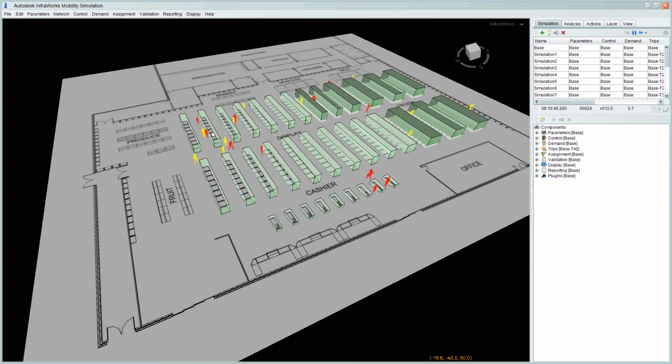You can see here where we have areas where there's not enough space for all those people to file through, and they have to negotiate their way around that. We'll get more and more of that as more and more people file in. But eventually they will come out and go through the cashier and leave.